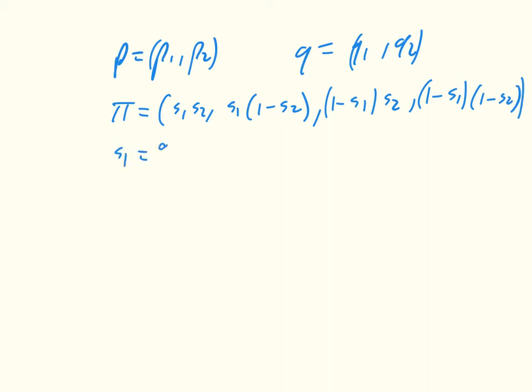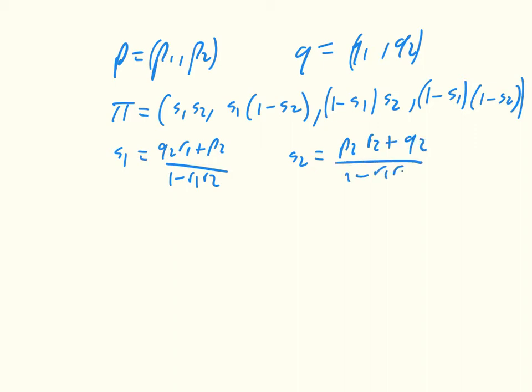S1 is Q2 R1 plus P2. Again, I'll explain what R1 is shortly. And S2 is P2 R2 plus Q2, divided by 1 minus R1 R2. And R1 is just the difference in the P's, and R2 is just the difference in the Q's.